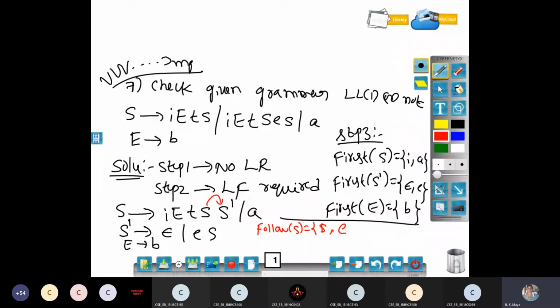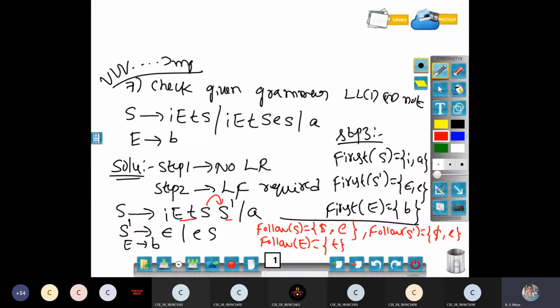Follow of S dash should be follow of S. Then you can copy dollar and e. Follow of E you can check from this. Follow of E is t.